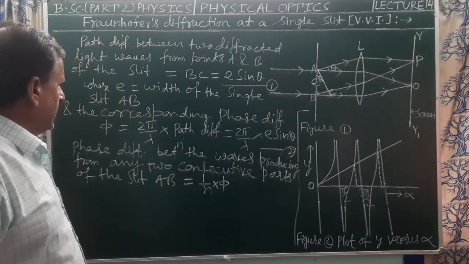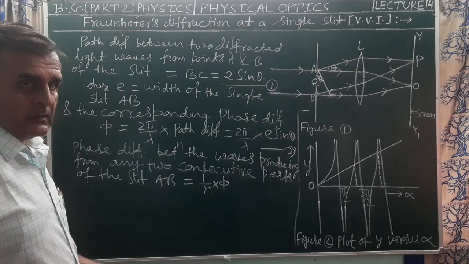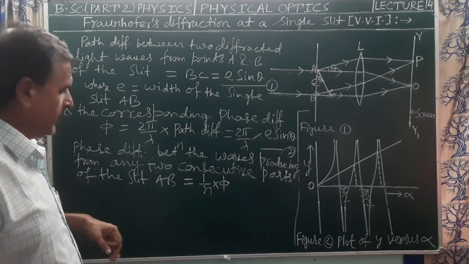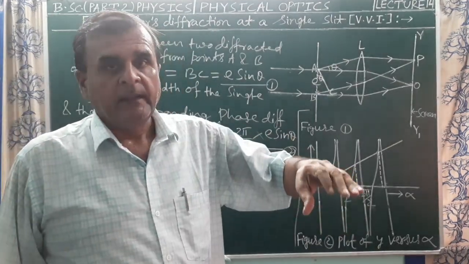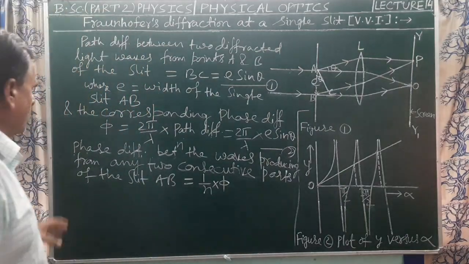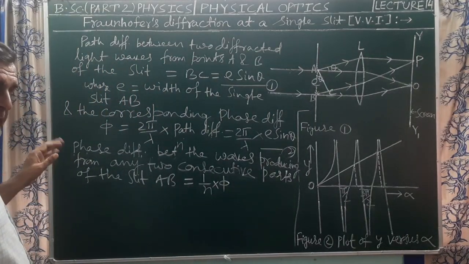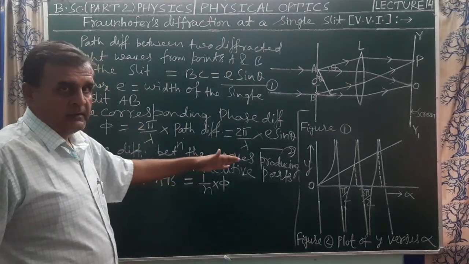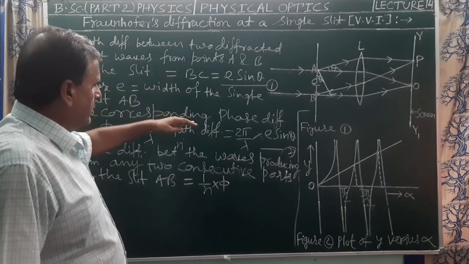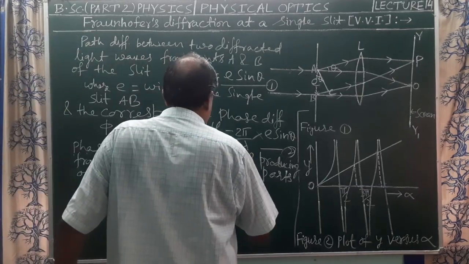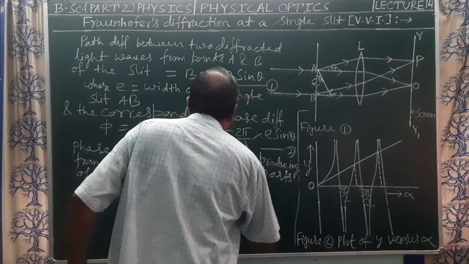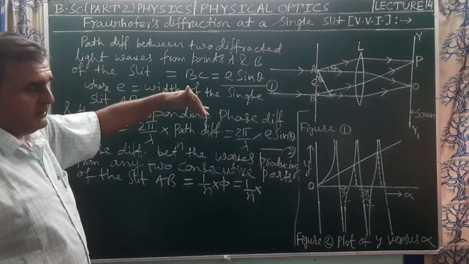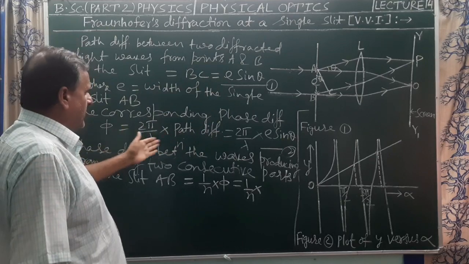तो सिंगल स्लिट के किसी दो लगातार पार्ट से प्रोड्यूस होने वाले लाइट वेव्स के बीच जो फेज डिफरेंस होगा, अगर हम सिंगल स्लिट को n इक्वल पार्ट्स में डिवाइड करते हैं तो एनी टू कंसेक्यूटिव पार्ट्स से प्रोड्यूस होने वाले लाइट वेव्स के बीच में फेज डिफरेंस कितना हो जाएगा, टोटल जो फेज डिफरेंस है phi, उसका 1 by n पार्ट हो जाएगा, तो 1 by n multiplied by phi. And phi is the given phase difference between the secondary light waves produced from points A and B of the slit, which is 2 pi by lambda into e sin theta.